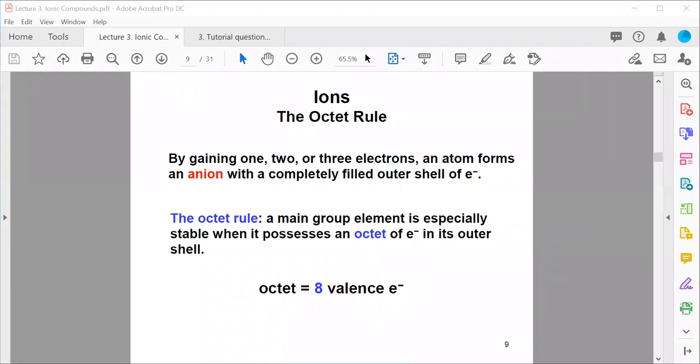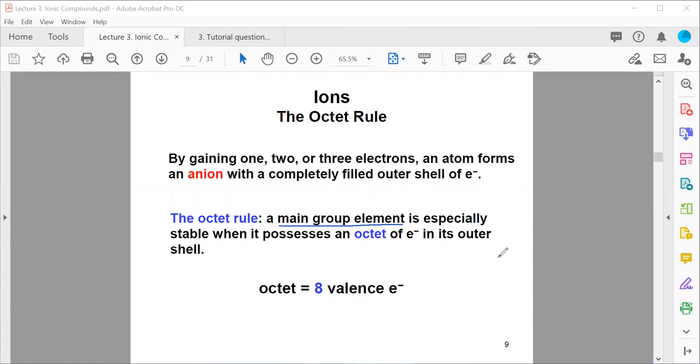So unfortunately, we can't apply all these rules to all the elements on the periodic table. There are always exceptions. So main group elements. Who remembers that? 1A to 8A, yes.